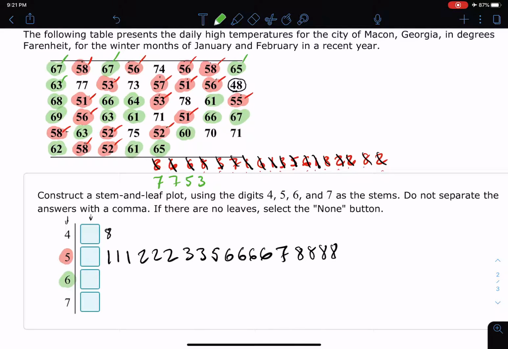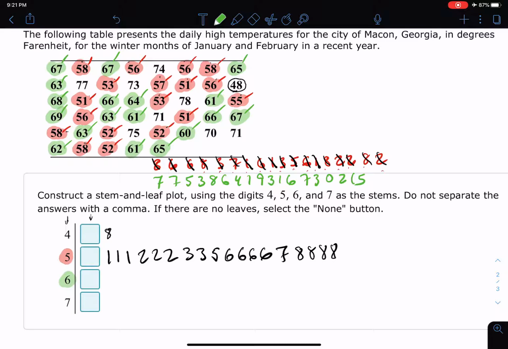Then I've got an 8, 6, 4, 1, 9, 3, 1, 6, 7, 3, 0, 2, and 1, 5.